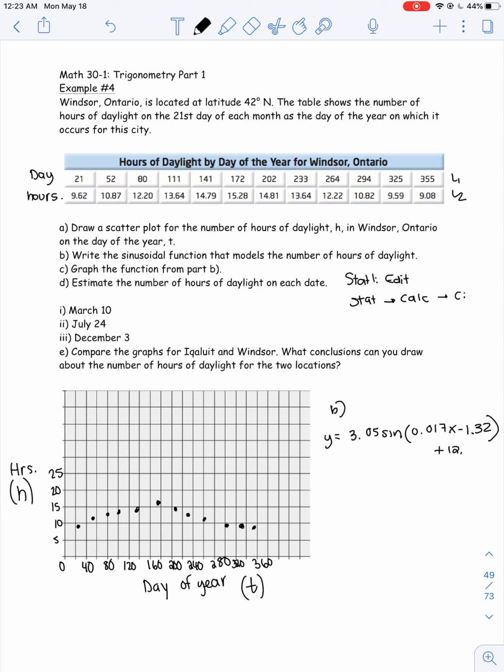Close your bracket, and then you would add your d value, which would be 12.14. Okay, so that would be one way to write the equation.